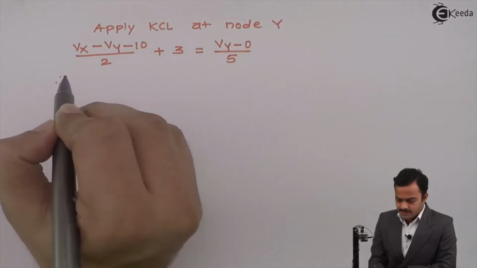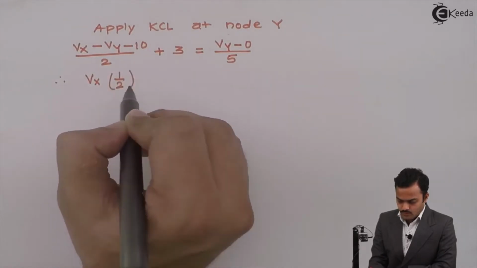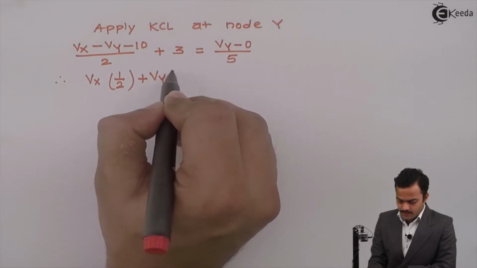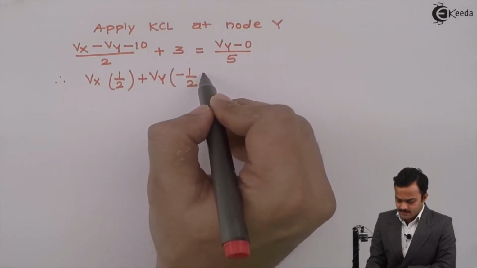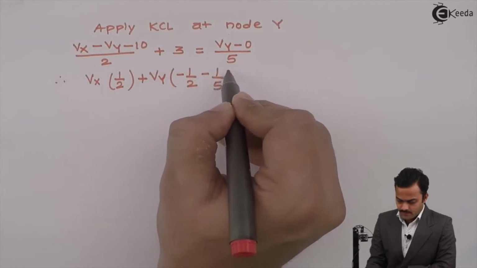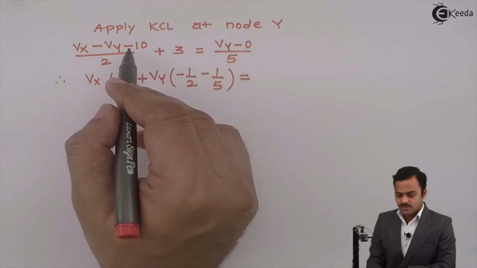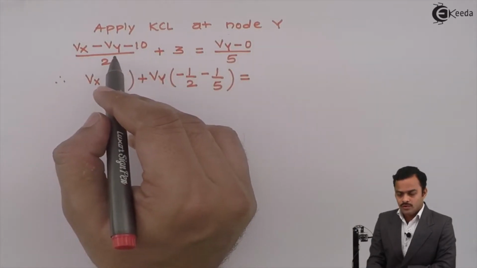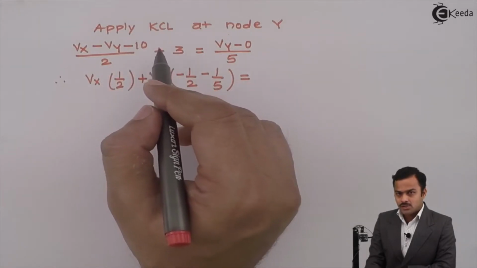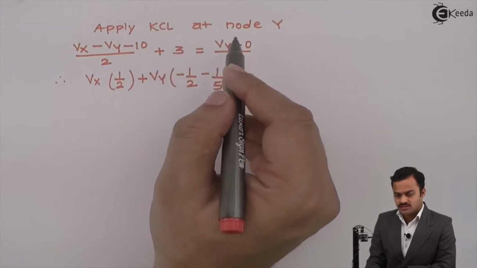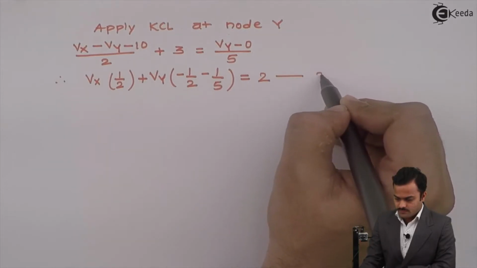If I rearrange the terms, I will get Vx times 1 by 2, plus Vy times minus (1 by 2 plus 1 by 5), and all constants I will take to the other side. The first constant is minus 10 by 2, which is minus 5, added with this 3 becomes minus 2, but taking it to the other side it's plus 2. Equation number 2.